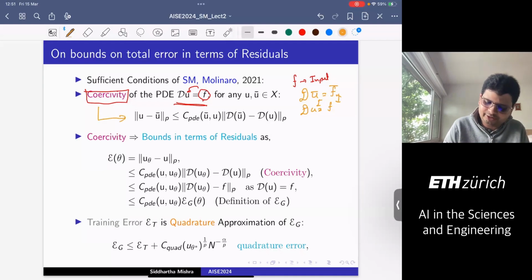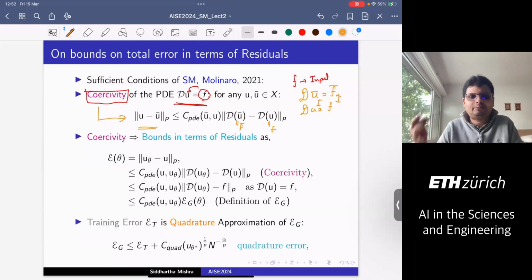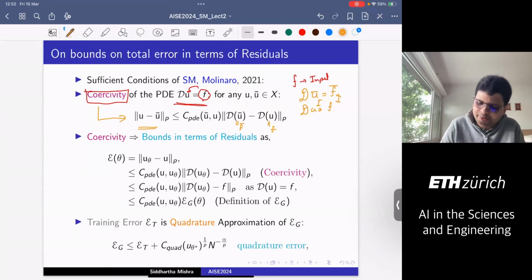So this is precisely the question. This is nothing but f bar. This is nothing but f. It says that if your inputs are close to each other, the outputs of the PDE are going to be close to each other. This is a stability of the inverse operator somehow, of the solution operator. In general, of course, there are constants because these PDEs can be nonlinear. So this is like, let's say, Lipschitz continuity. Roughly speaking, it's a continuity statement, a Lipschitz or a Holder continuous statement.